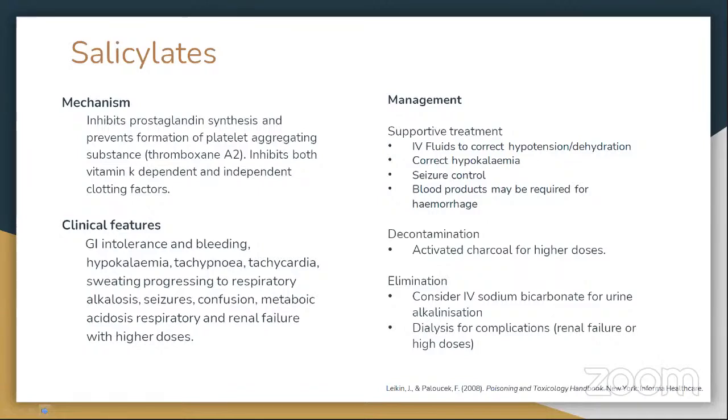Usually they don't present within the time frame for activated charcoal, but if they do, then activated charcoal would be a decontamination process. Elimination: IV sodium bicarbonate for urine alkalinization, and dialysis for complicated cases.